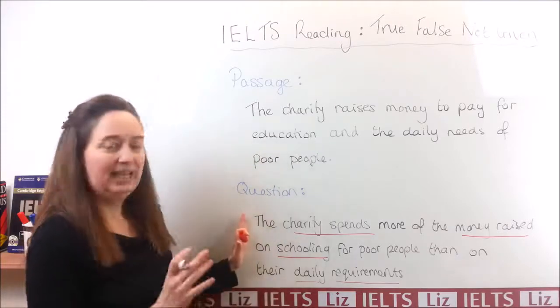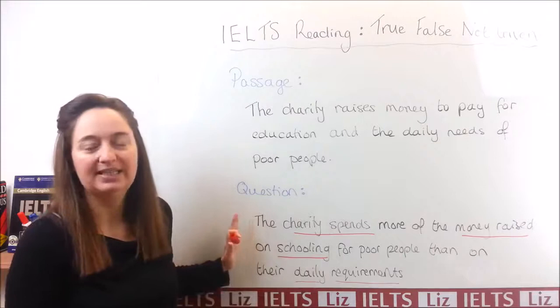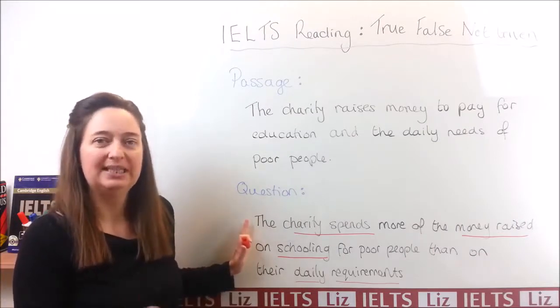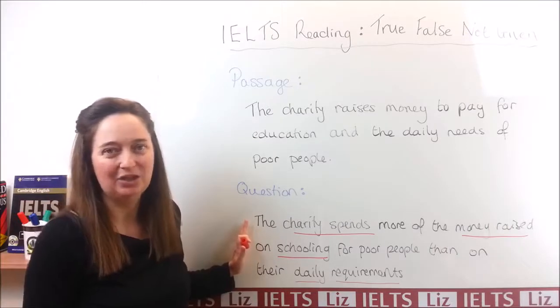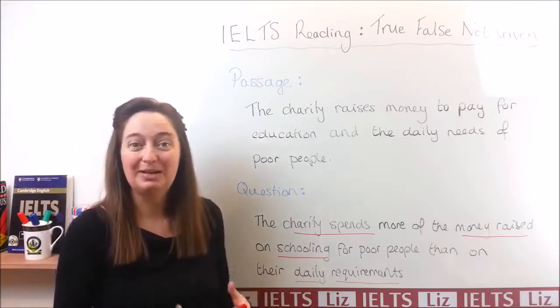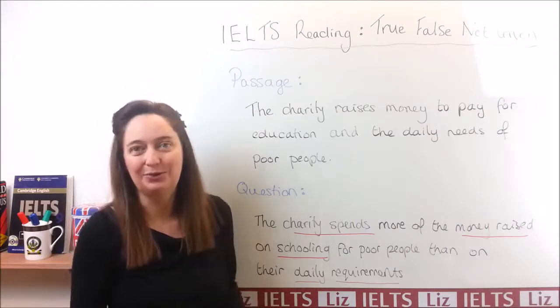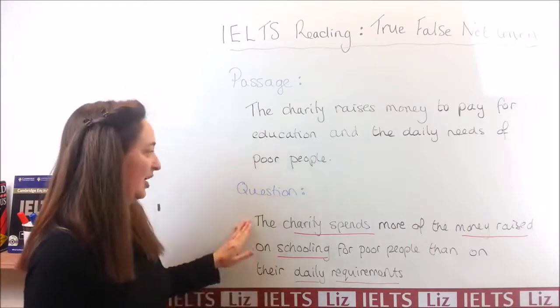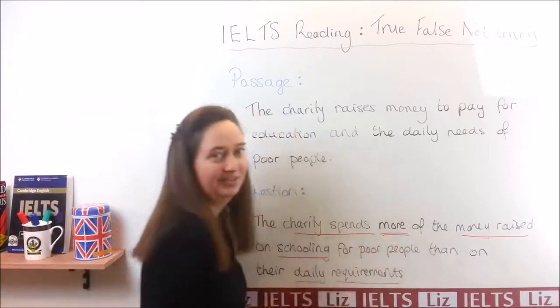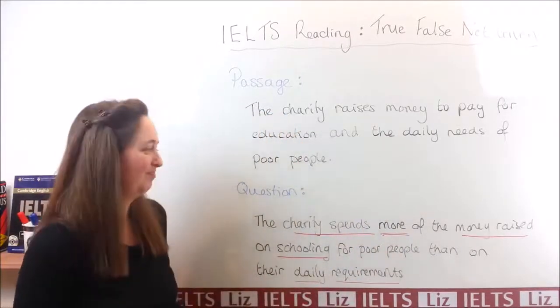Now remember, if the answer is true, it means that the information matches. And if the answer is false, it means this is the opposite information. Now, we should prepare the opposite information to make sure that we can decide if it's true or false. So they say the charity spends more. Aha, suddenly we find a word here.